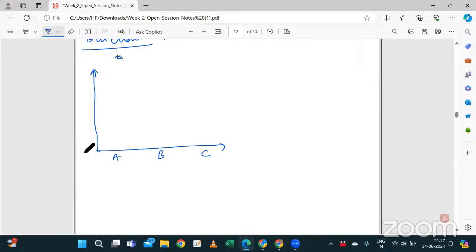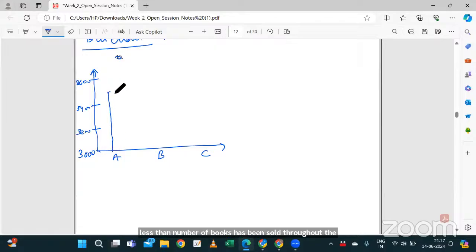Suppose I have a data set, let's say 3000, 3200, 3400 here, and 3600 here. And A means, let's say, the number of books sold throughout the year of a particular kind of book.